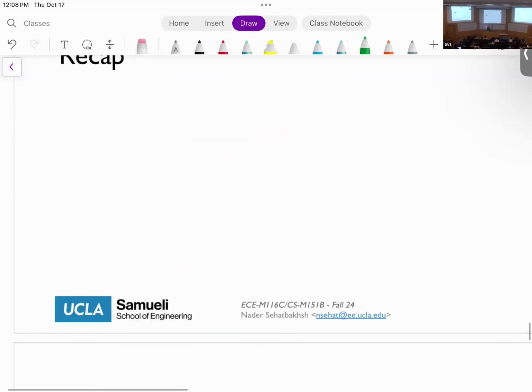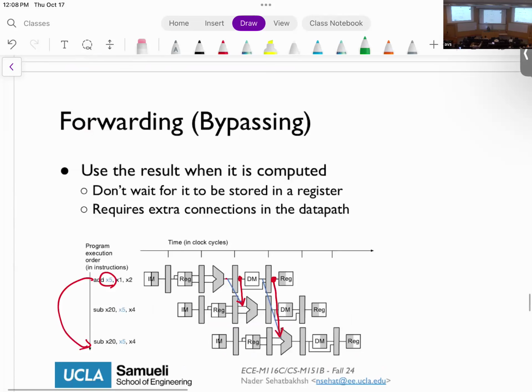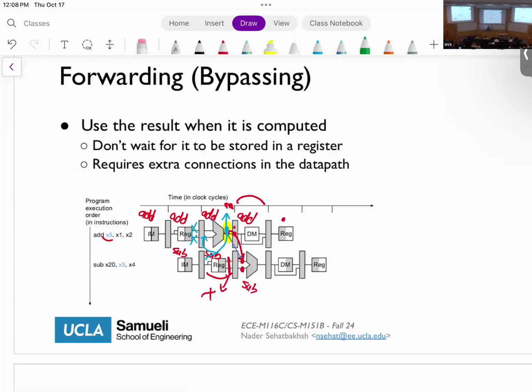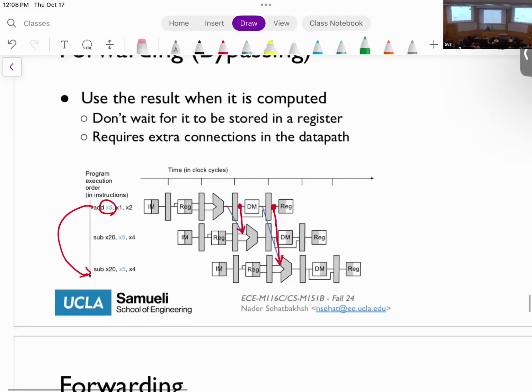Let's go back and talk about this a little bit more. As I said, the idea of forwarding is that we want to remove the stalling, so we hopefully can just continue normally by doing this. An important thing to remember is that forwarding might happen in 2 cycles.